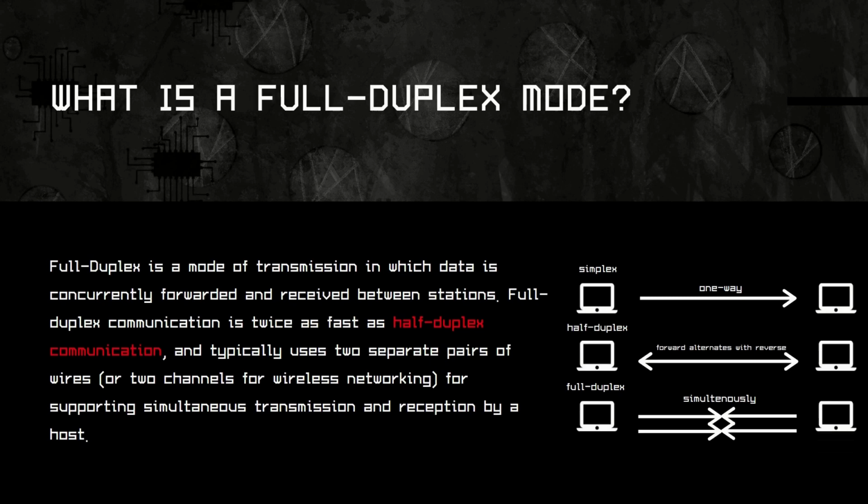Full duplex communication is twice as fast as half duplex communication and typically uses separate pairs of wires, or two channels for wireless networking, for supporting simultaneous transmission and reception by a host.